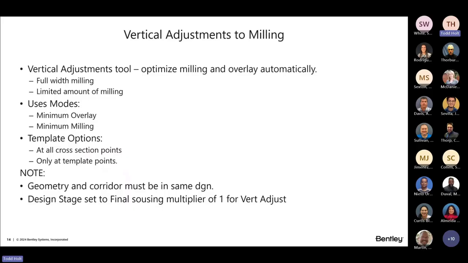If we don't get to it here, we can do it at the follow-up as well. That will give you the different ways we can use the vertical adjustments tools to optimize milling and overlay automatically. They have different examples that we'll walk through, and that's what the next couple of slides are: different examples and the different milling modes.